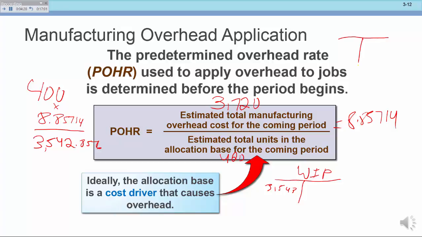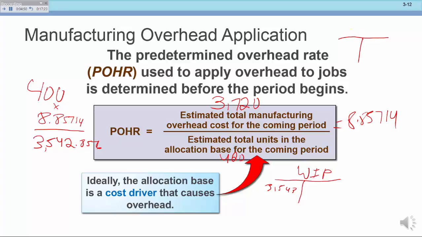So what happens? What are we going to debit? Well, are we going to credit? We got the debit. What are we going to credit? Raw materials, please. We have to what? We have to apply the manufacturing overhead, don't we? Wasn't that the whole point? So we credit what?